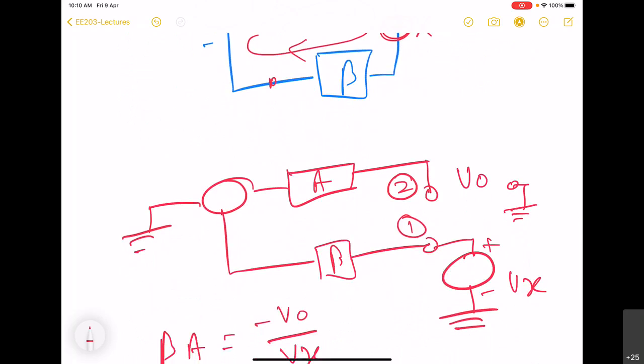So the end where we connect the test source should be such that the signal continues to travel in the same direction in the broken loop as well. This is how we identify which node to connect the test source to. So this is regarding step 3.